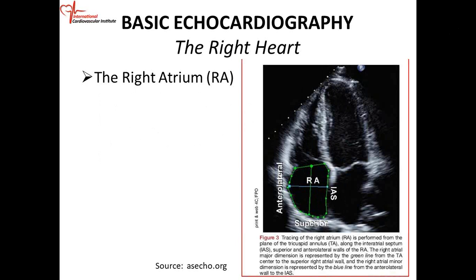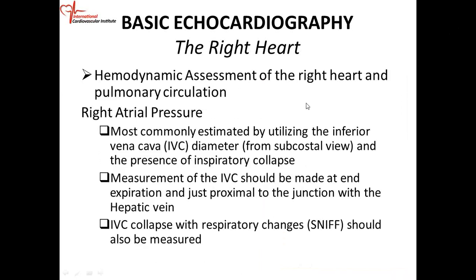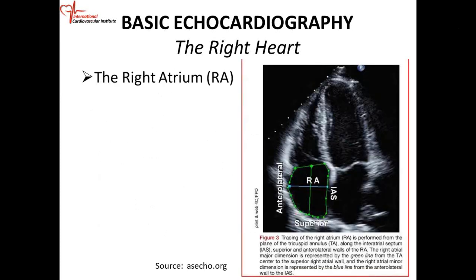These two measurements are important. The major dimension is this vertical line, and the minor dimension is about midway where you drop your perpendicular. Your major dimension should be less than 5.3 centimeters, and the minor dimension should be less than 4.4. Again, it looks like this.